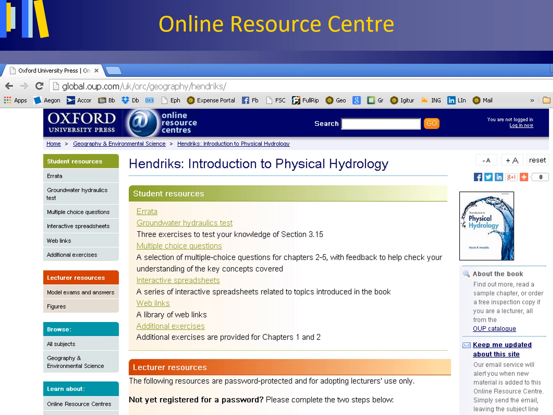This slide shows the online resource center or companion website of my book. As an interactive spreadsheet, it contains a worked-out example of the Penman-Monteith evaporation, comparing the evaporation from a forest, grassland, and open water.